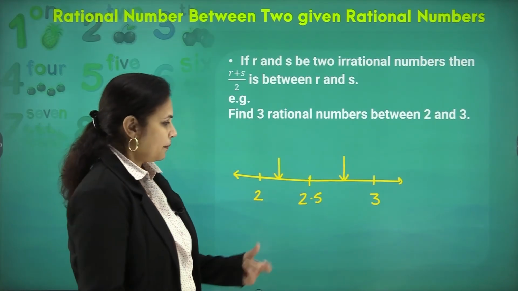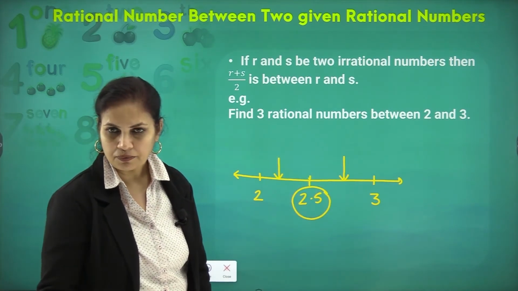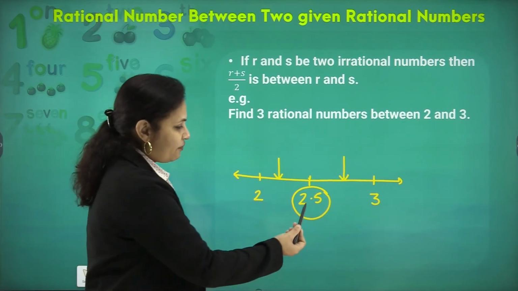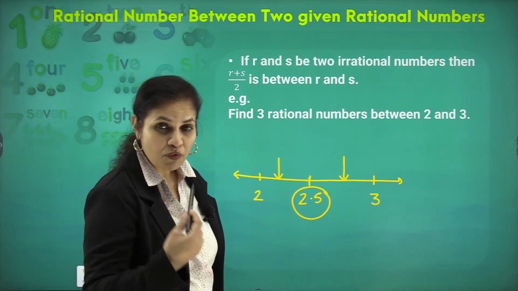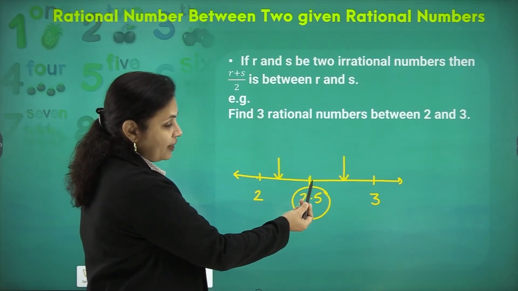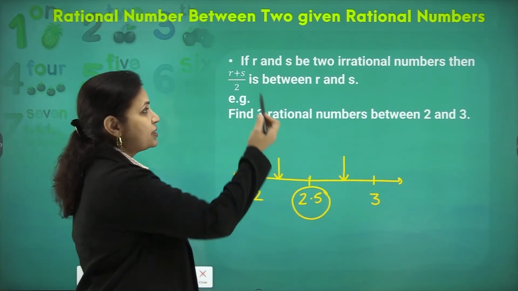How? By considering this also as a part of the number line now. Previously I had two values, 2 and 3, now I have yet another value, 2.5. So if I have to insert two more values, I will take the mid value of 2 and 2.5, and the mid value of 3 and 2.5, using the same technique.